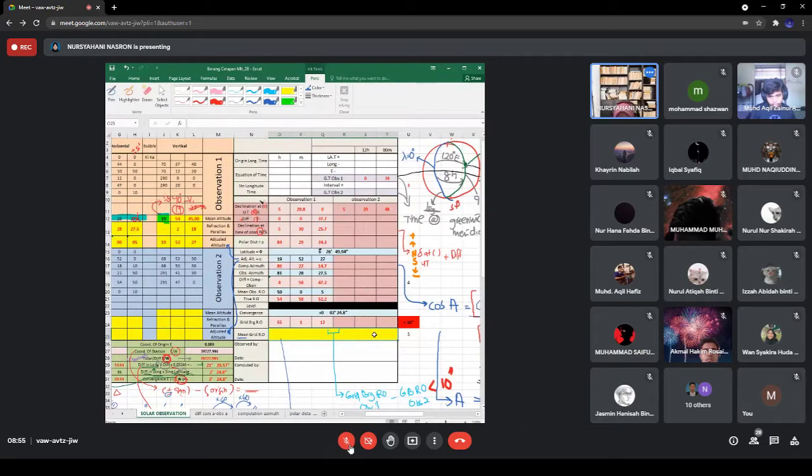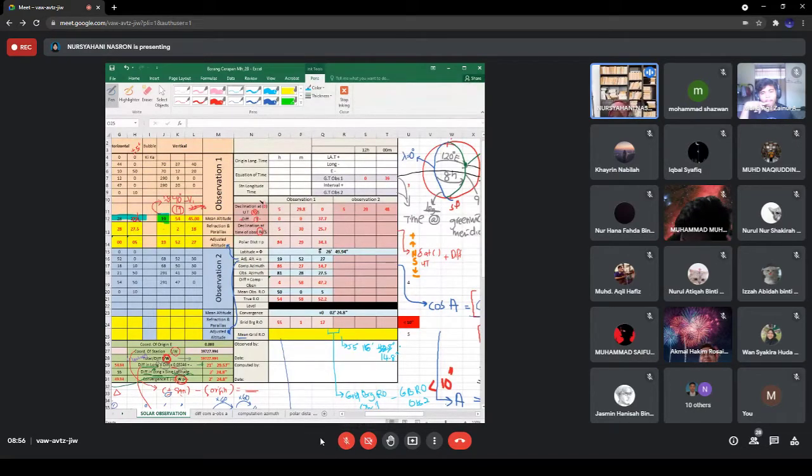Berapa? 15 ke 16? Oh, 16 minit. Yang lain mesti tengah ngau. Mubin dah buat kan?